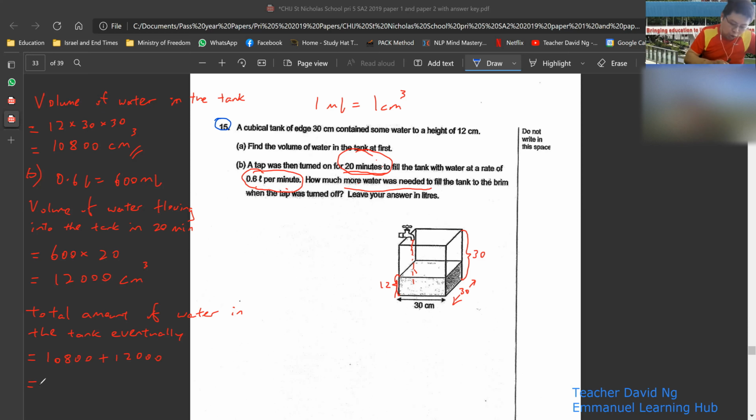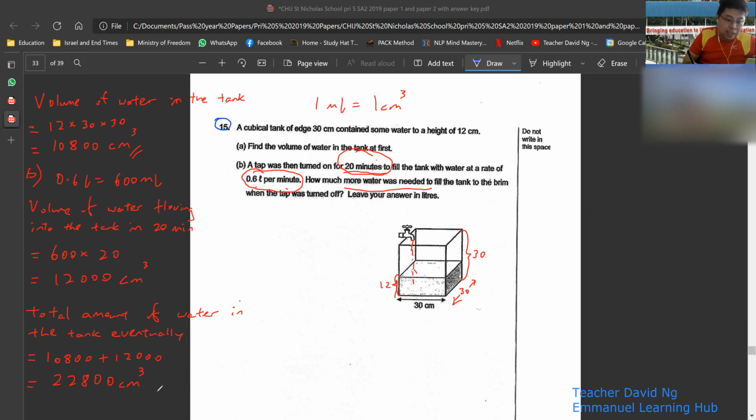No matter how good is your mental calculation, do not attempt to mental calculate. Please use calculator. If you want to mental calculate, I'm okay, but if you really want to play safe, by all means, press calculator. But make sure you press correctly, because sometimes you type one more zero, then that's it. So that's the total amount of water in a tank eventually.